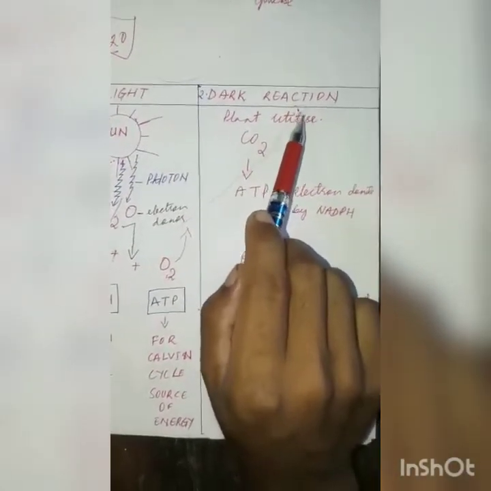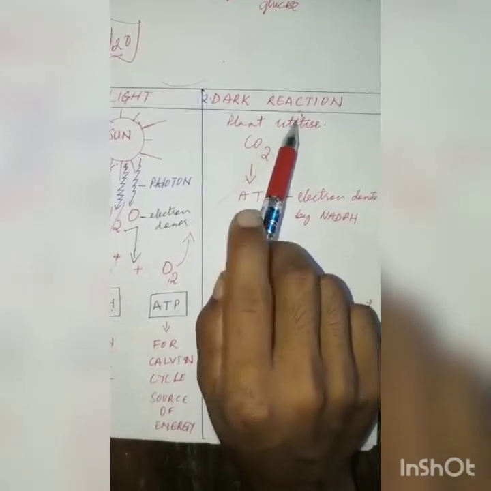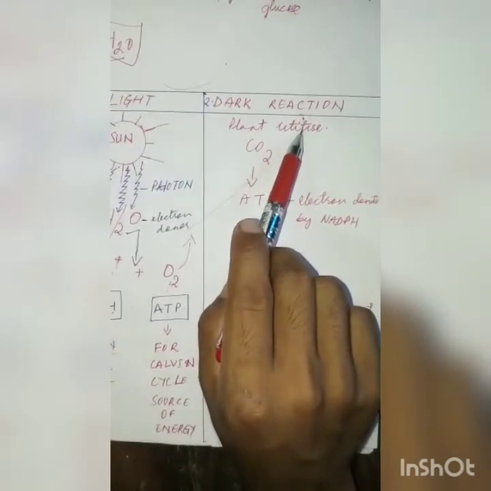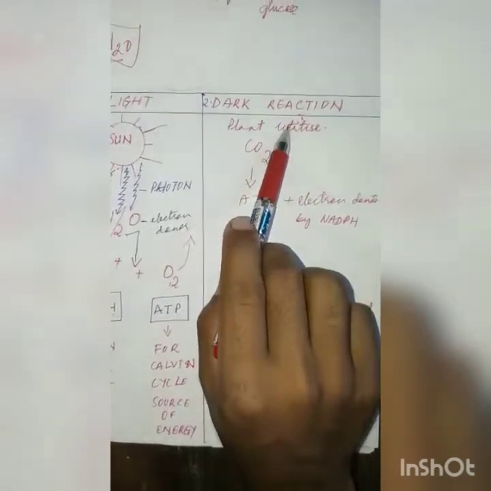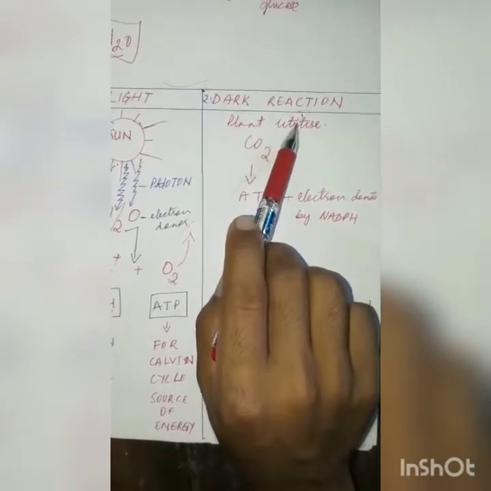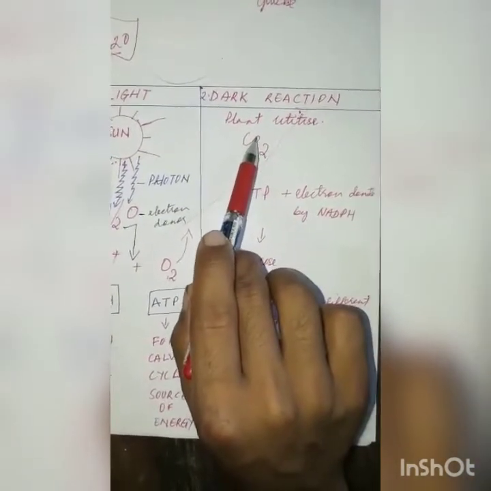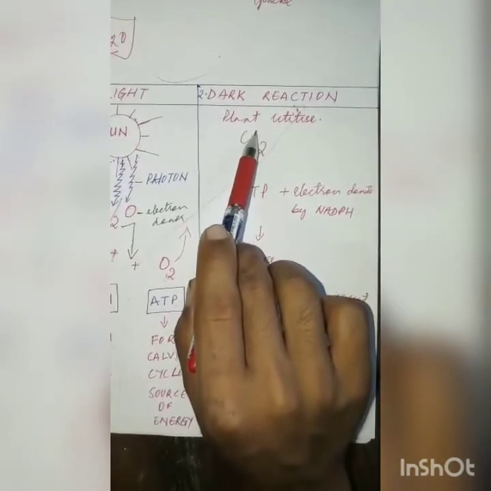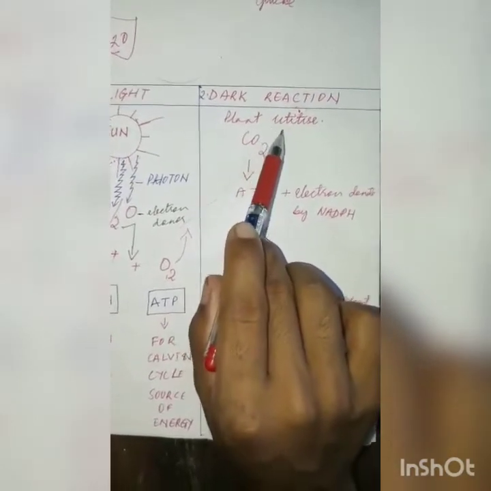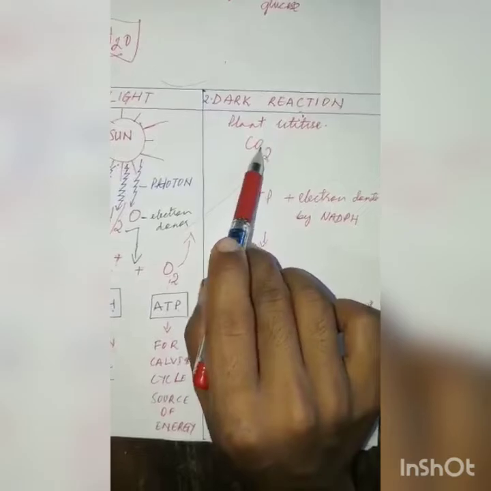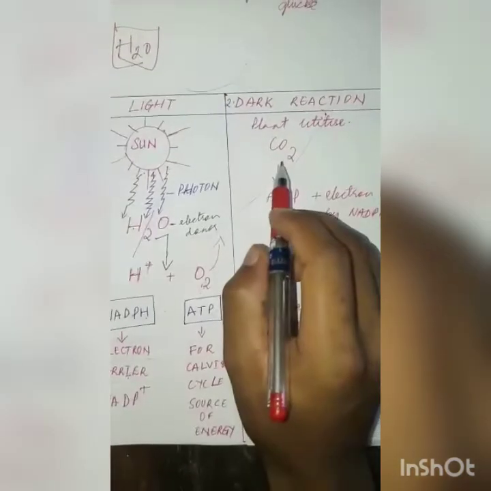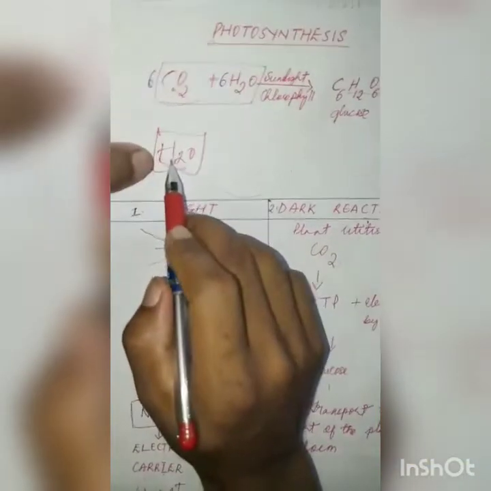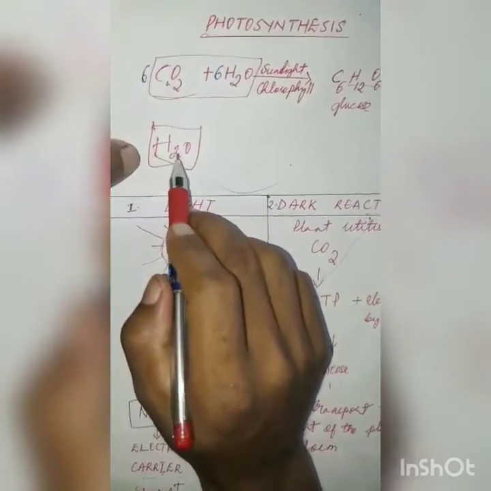This dark reaction is also known as the Calvin cycle. Why? Because it was discovered by Calvin, a scientist, so this process is named the Calvin cycle. Earlier I mentioned that the plant first uses the water.